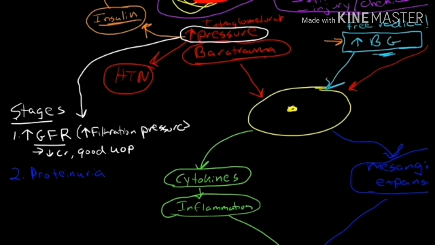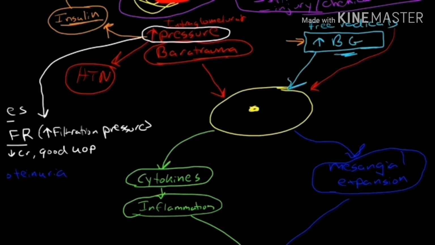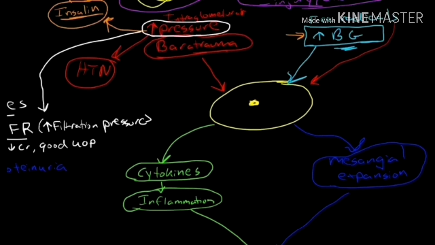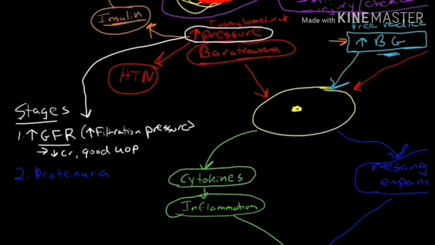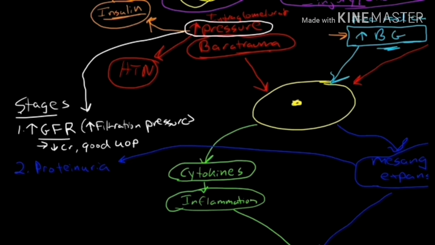And this is due to that mesangial expansion and the increase in the matrix, the beginning of that process, because we are actually pulling on the collagen fibers that hold the capillaries together, and that actually increases the pore size, so we begin to have protein leaking out in larger amounts into the filtrate.